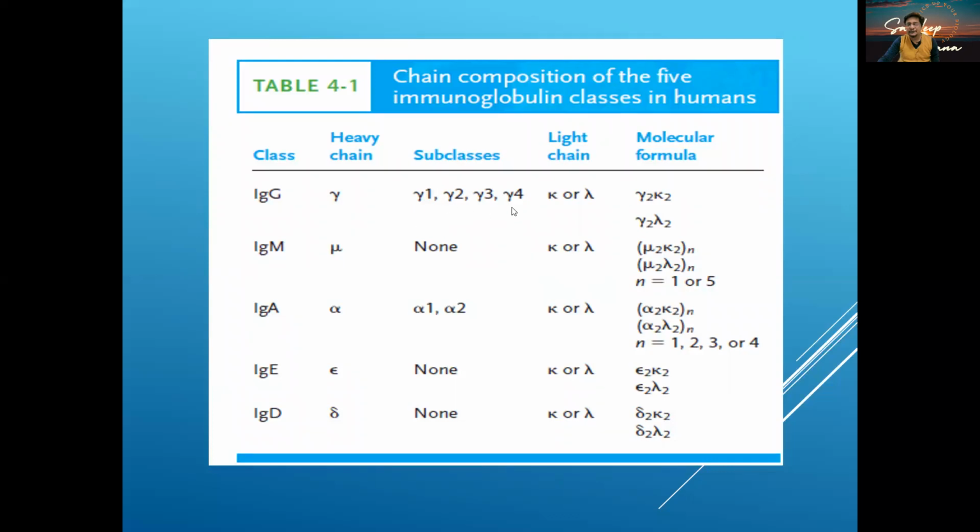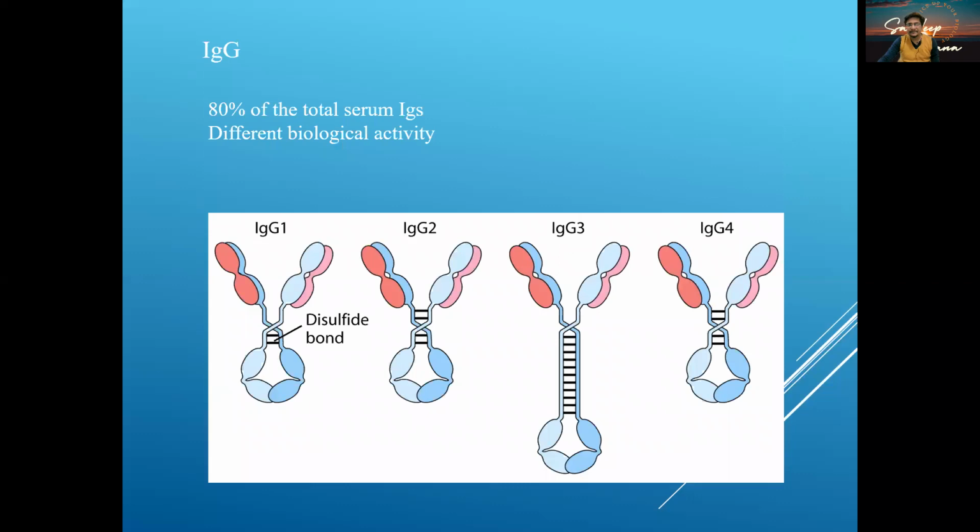It may be found in 4 subclasses, and the light chain can be only one, either kappa or lambda, not both together. So this is how the structure is formed. Similarly, for IgA we have 2 variants. So you can see IgG and IgA have subclasses, and the other 3 do not have any.